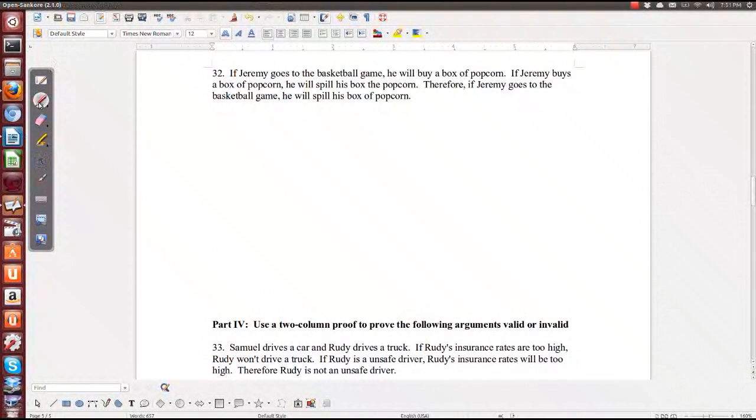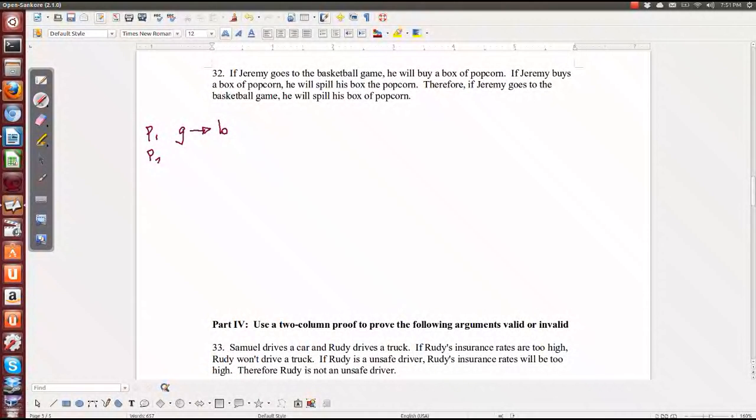So we have, if Jeremy goes to the basketball game, let's say G for go, he will buy a box of popcorn. Let's use B for buy. That's my first premise.